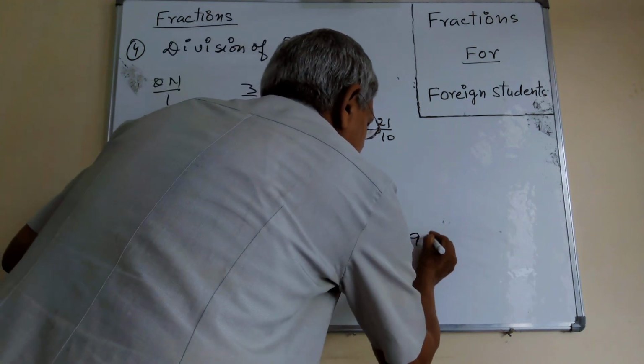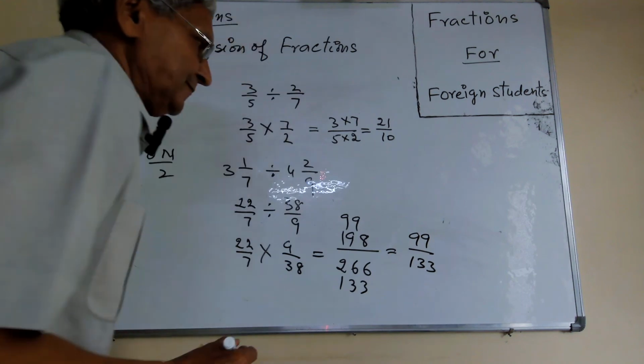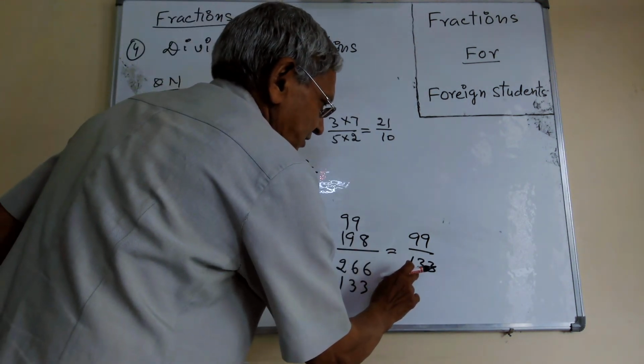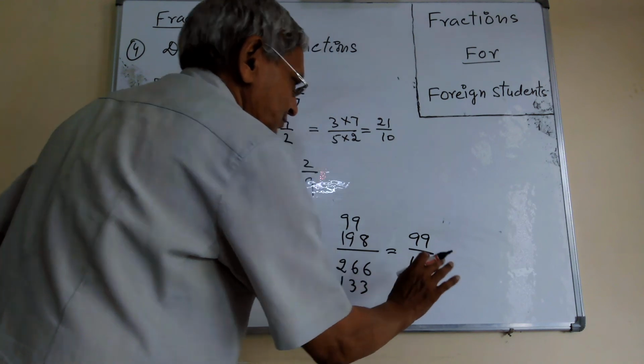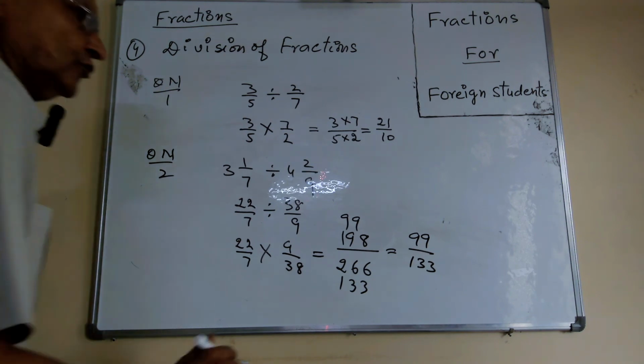This means 99 upon 133. This fraction cannot be made more simple. So this is the answer.